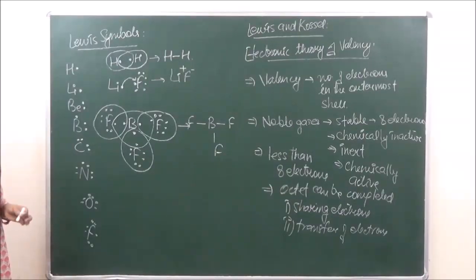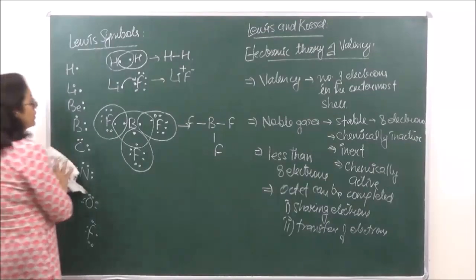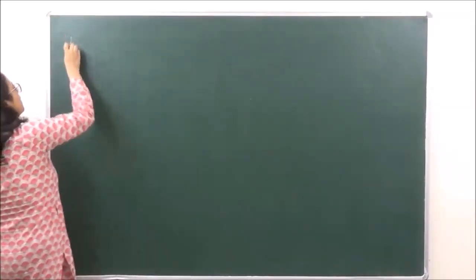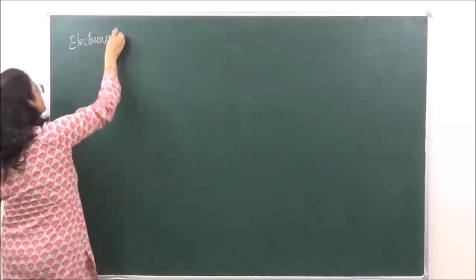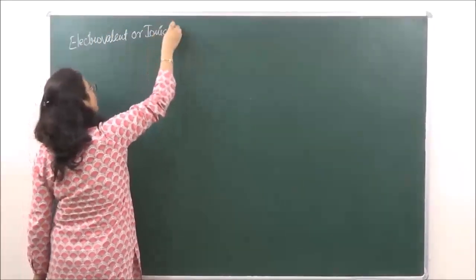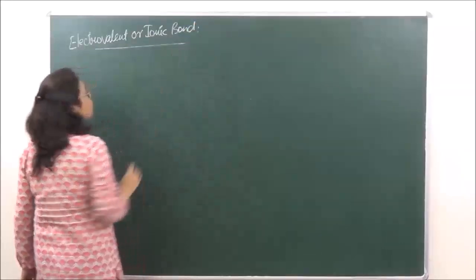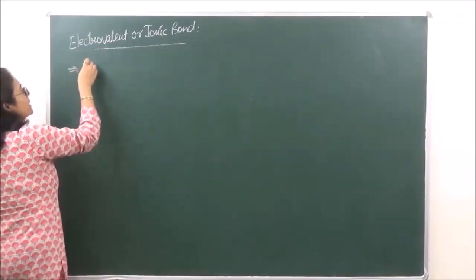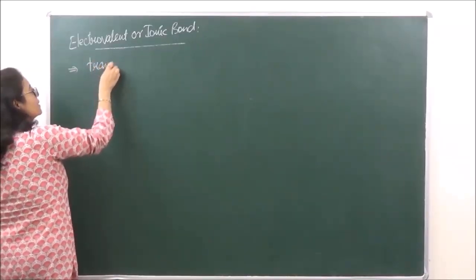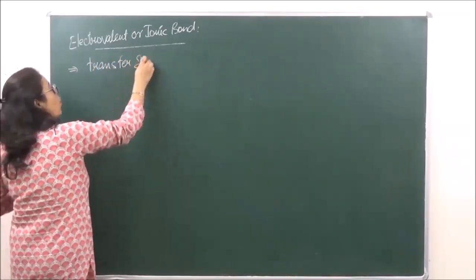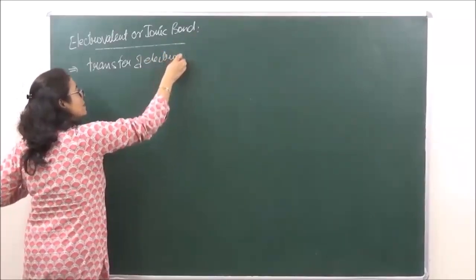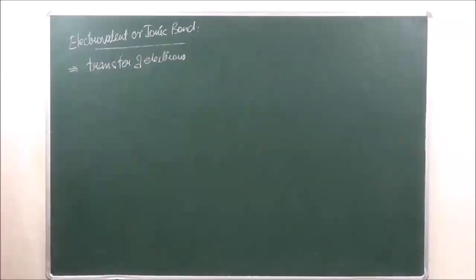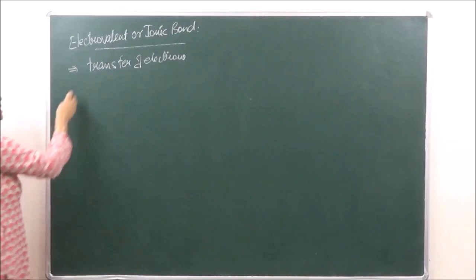We go on to the first kind of bond, which is the electrovalent or ionic bond. Okay. Now what is an electrovalent or ionic bond? As we just said, this bond is formed by transfer of electrons. Right? अब ये transfer of electrons कहाँ से कहाँ होगी?